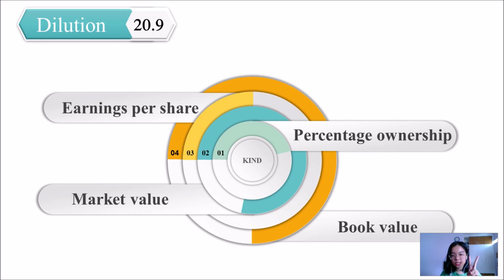The second type is market value, when the firm takes on negative NPV projects. The third kind is earnings per share, which may decline even with positive NPV projects, at least in the short run. And the last type is book value, which occurs when market to book value is less than 1.